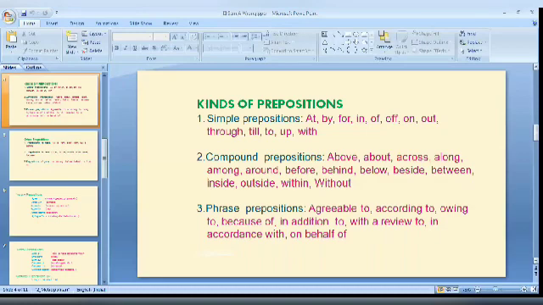Means it is in between, in middle of something. The blind man is crossing across the road. Means is moving in between the road. And among is a preposition that is usually used if something happens among more than two people. Among.